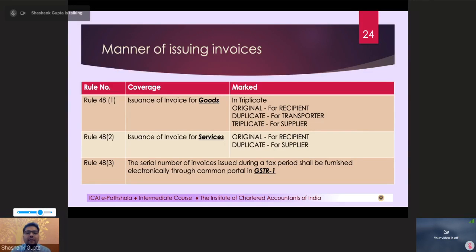In case of services, original will be for recipient and duplicate will be for supplier. The serial number of invoices issued during a tax period shall be furnished electronically through common portal in GSTR 1. So this consecutive serial number of invoices that you need to report periodically in your GSTR 1 return.